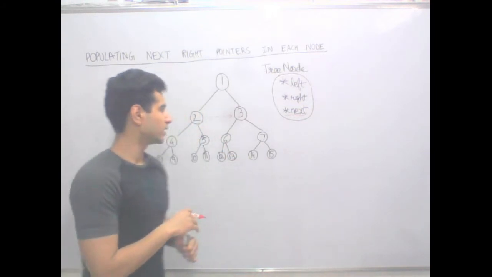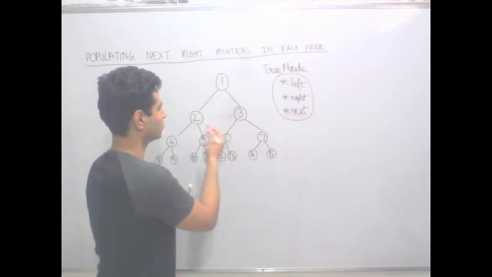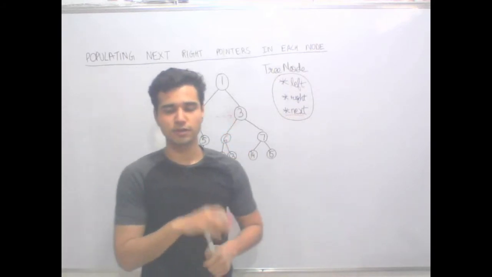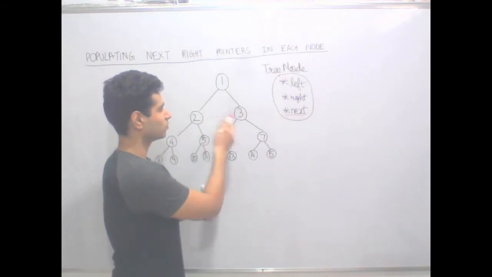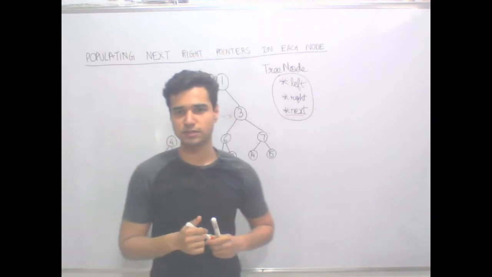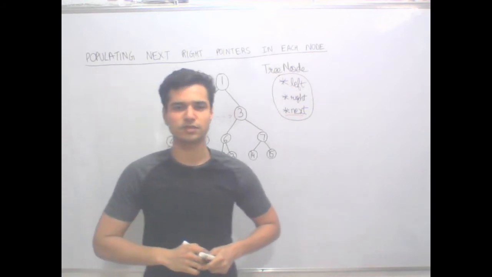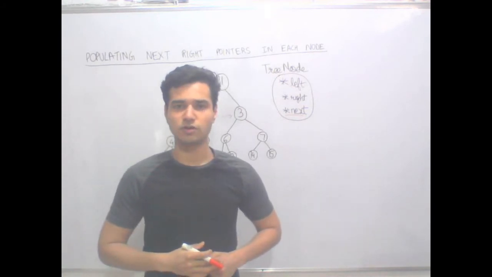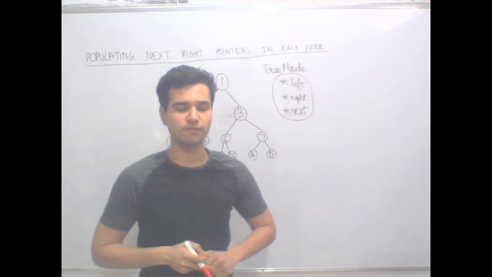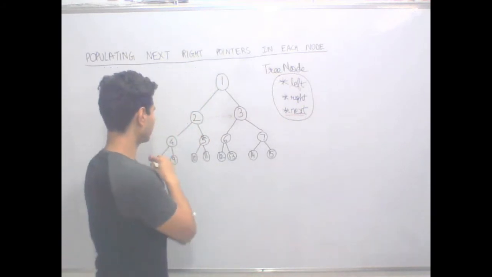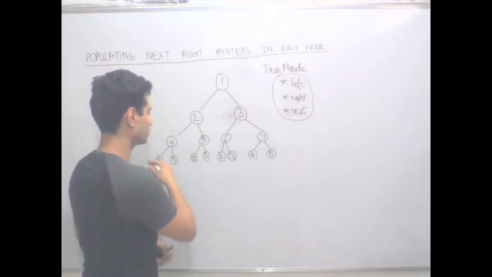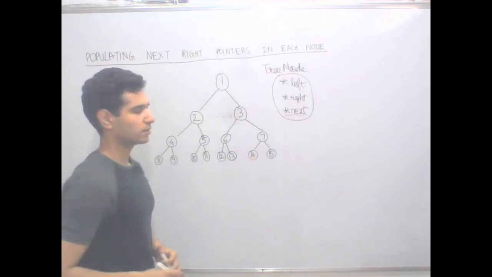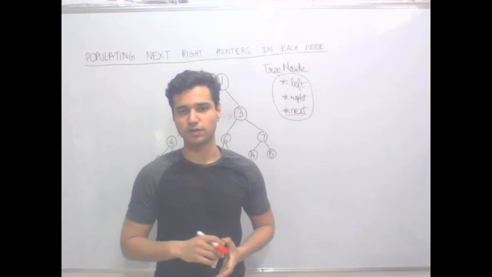Like 2 and 3 are in the front of the queue, we will pop 2 and assign 2's next to 3. But this is brute force, right? It would occupy space of the maximum nodes that can be at a level, which is the last level.